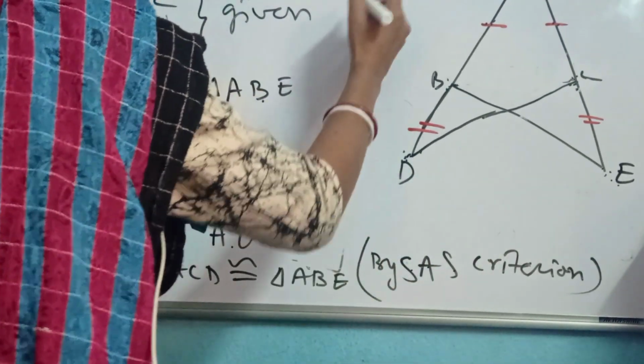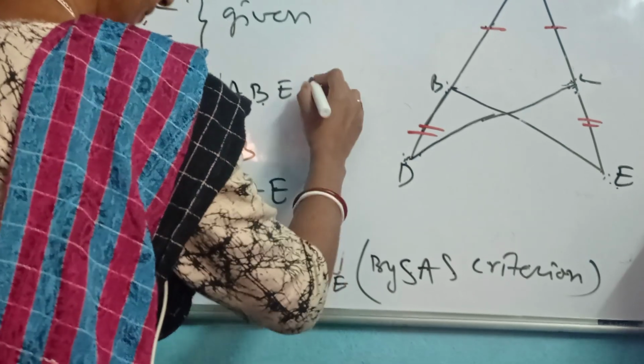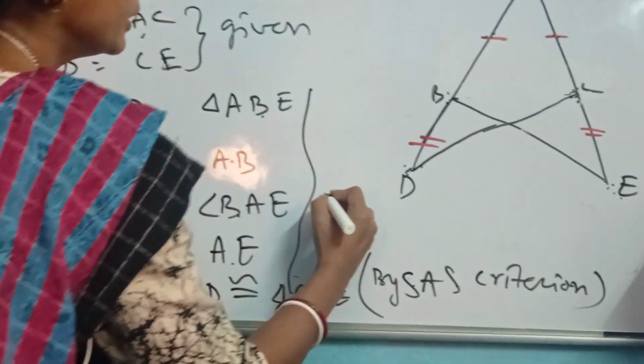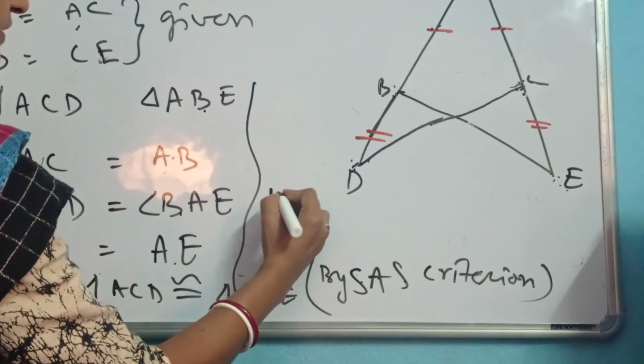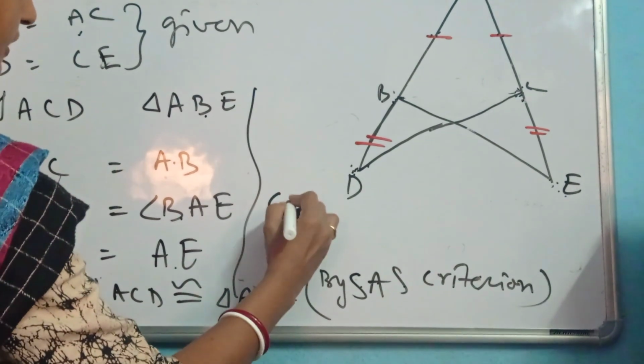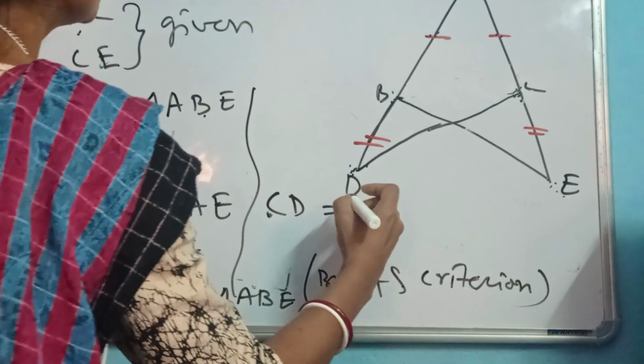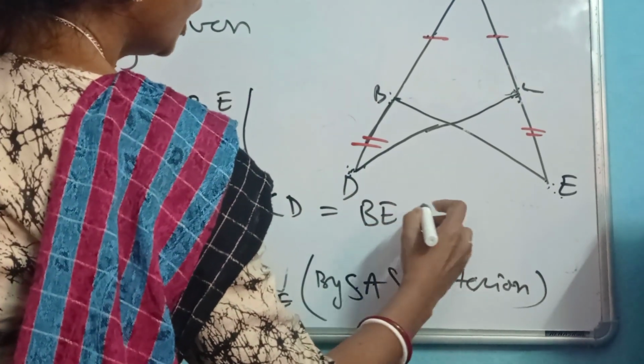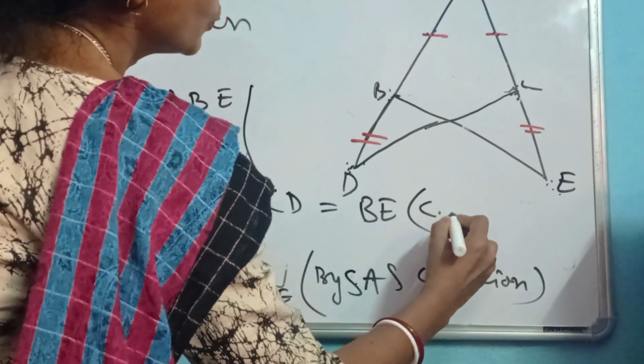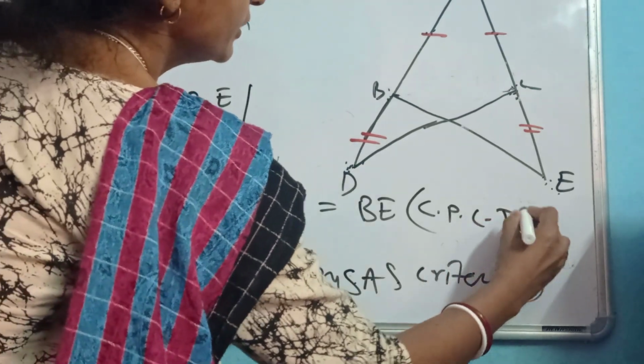Yes or no? So we can write that CD is equal to BE. How? Because they are corresponding parts of congruent triangles.